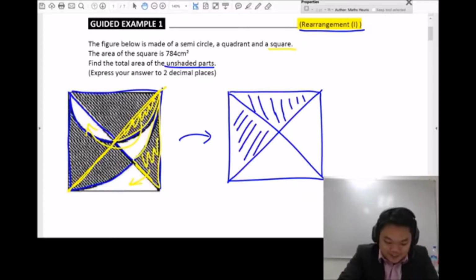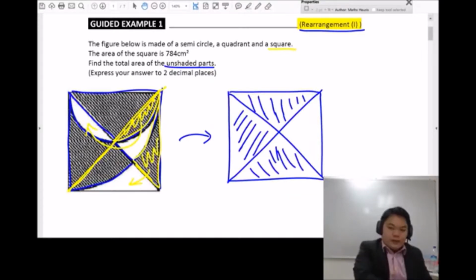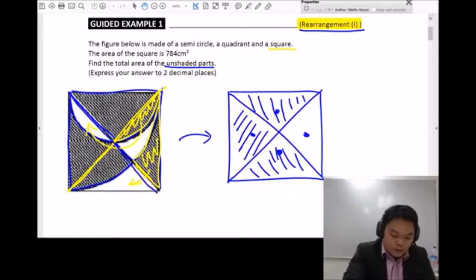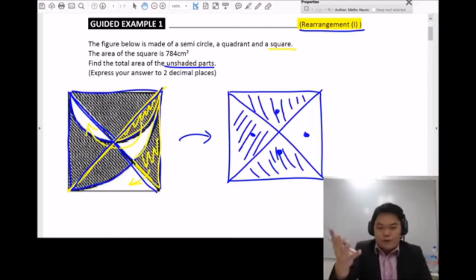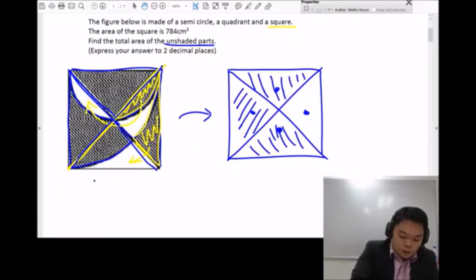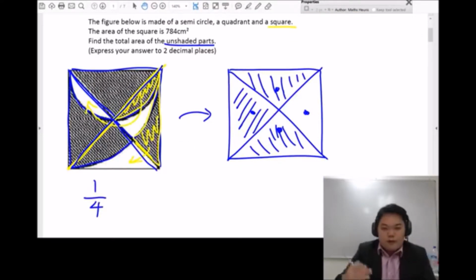This part will be shaded, and this part will be shaded. Effectively, because all these are identical triangles, if you cut them at the diagonals of a square, you will have 4 identical triangles. So we can say that 1 out of a total of 4 of the square is shaded.